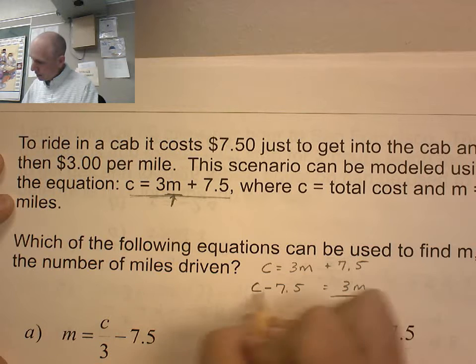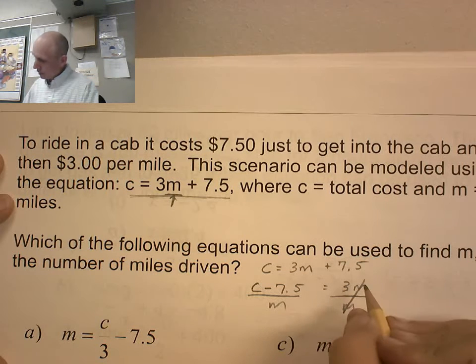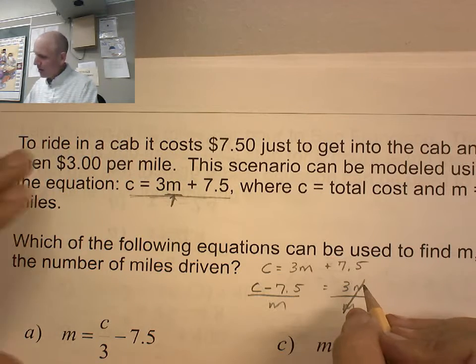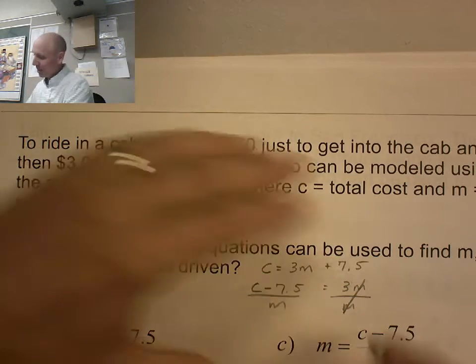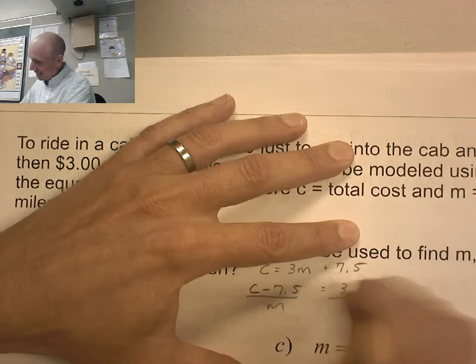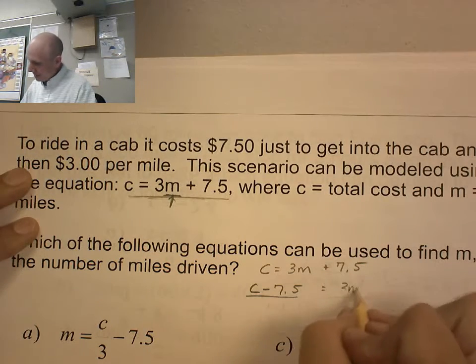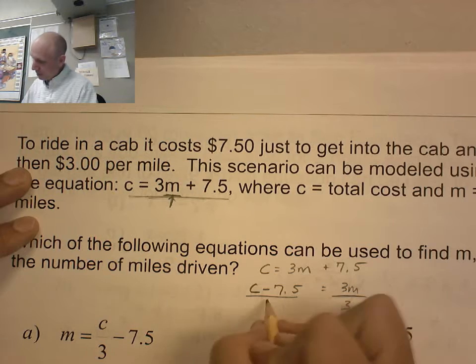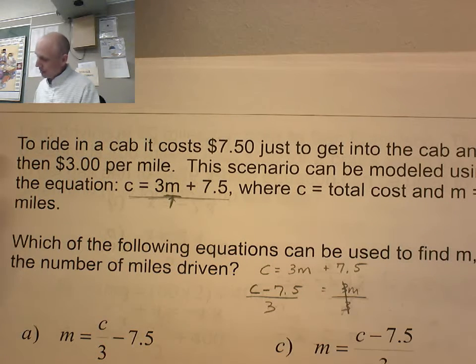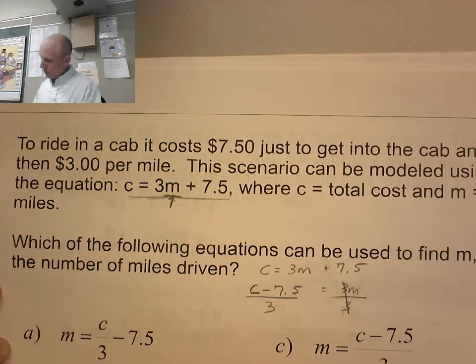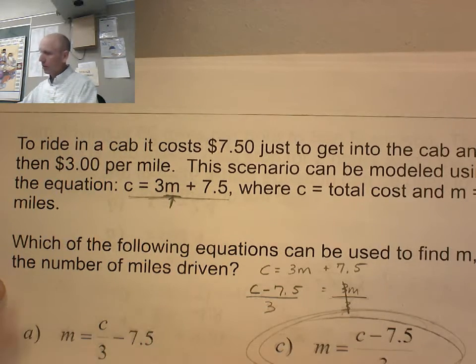Divided by 3, divided by 3, I'm solving it for m. Those cancel out. C minus 7.5 over 3 right here. That was 6.